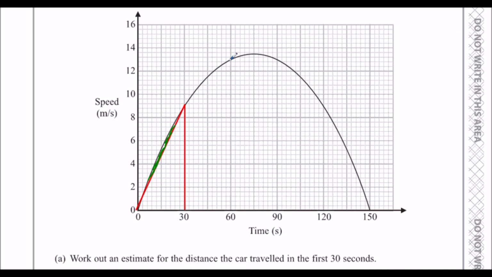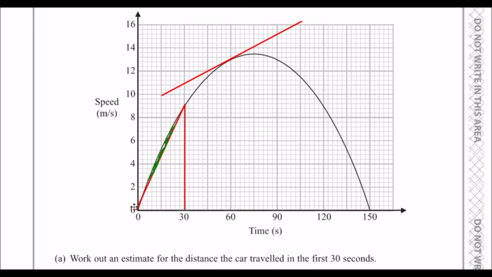So he's worked out the average acceleration. So it is 13 over 60, but at time 60 seconds, he should have drawn a tangent on. He should have drawn a tangent and worked out the gradient of this line. So to work out the acceleration at a point, you draw a tangent on, and work out the gradient of the tangent.